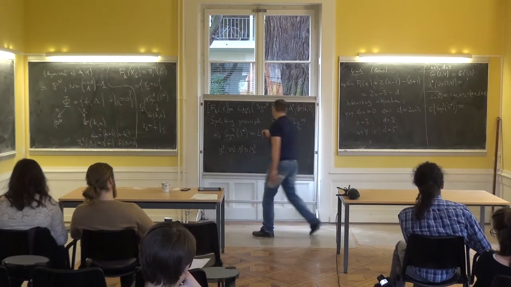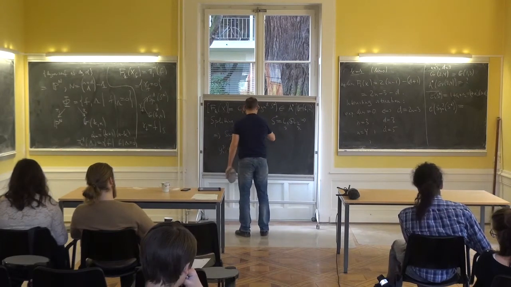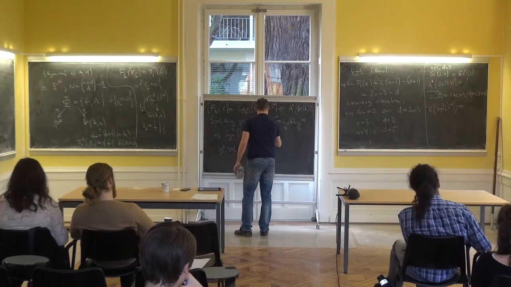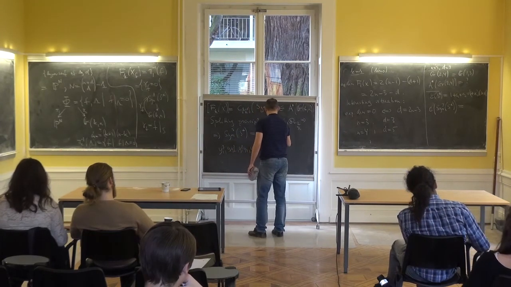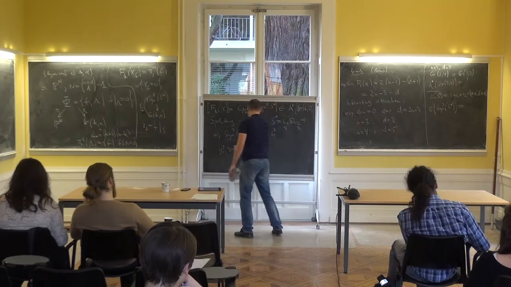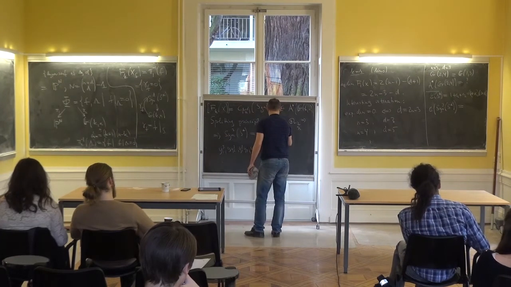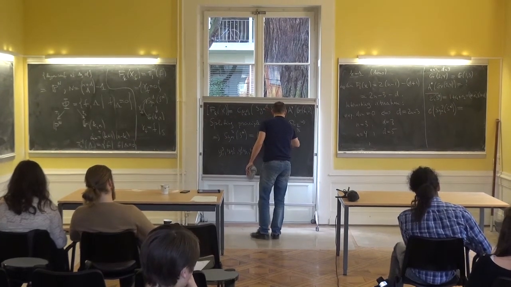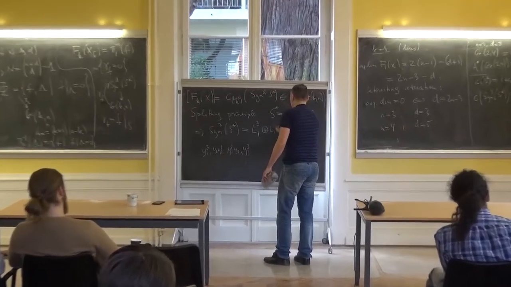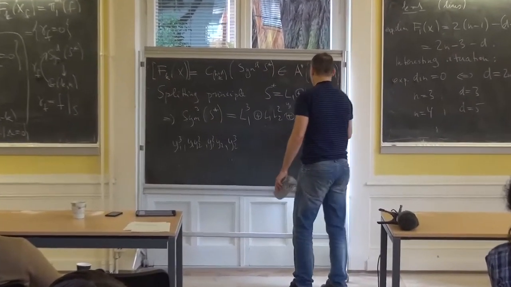Then y1 cubed, of course, forms a section of the bundle L1 cubed. Then you have L1 squared L2, L1 L2 squared, and L2 cubed. This means tensor product when I multiply line bundles.